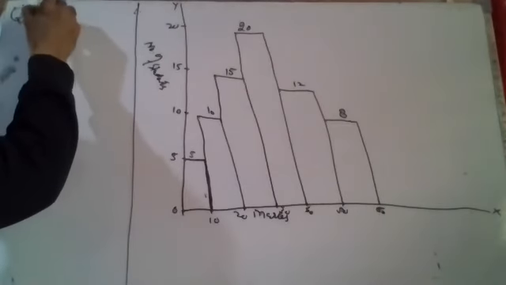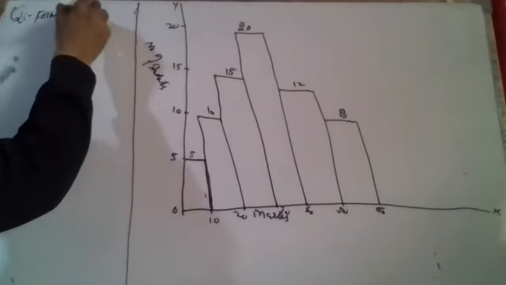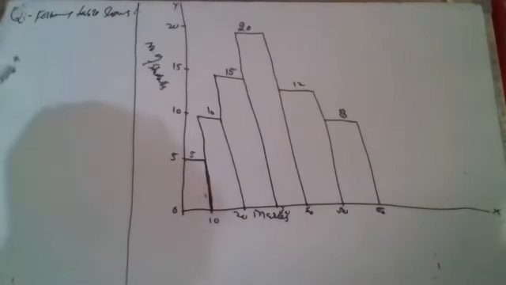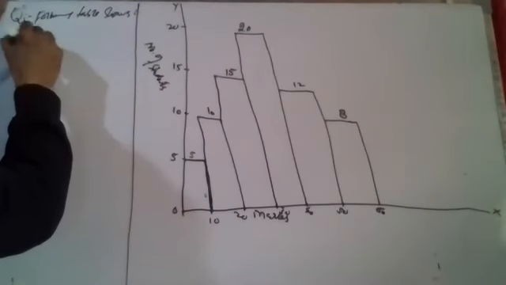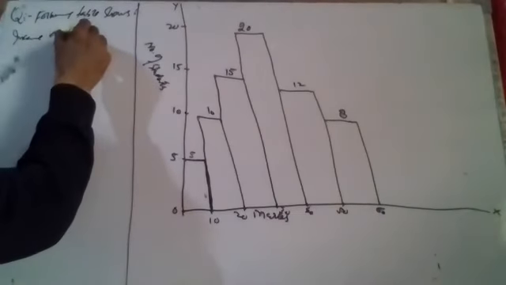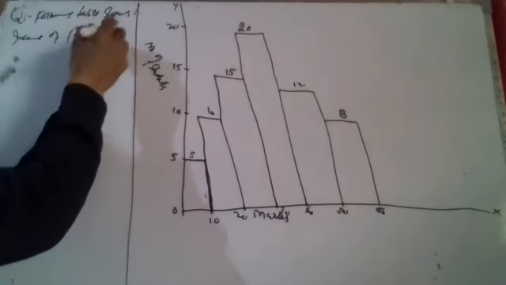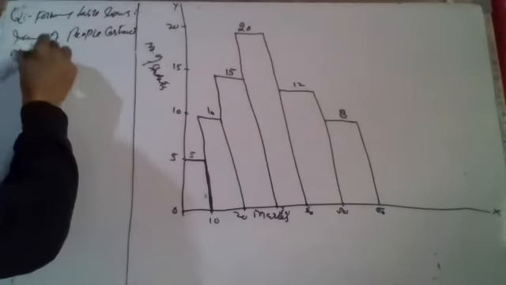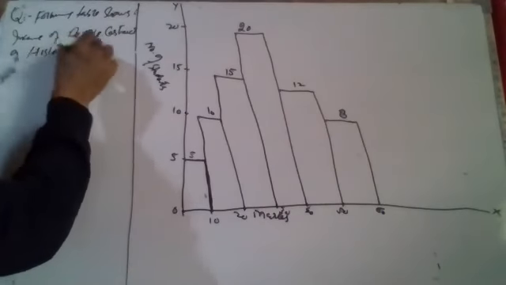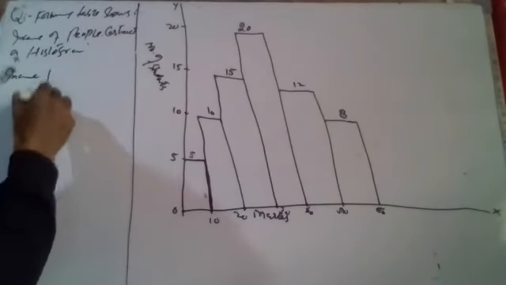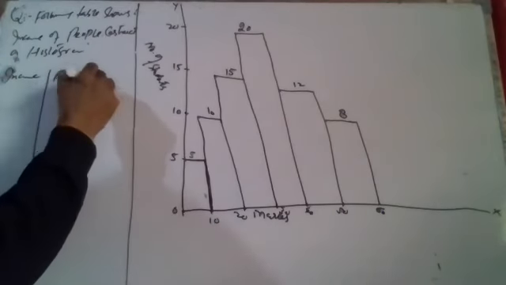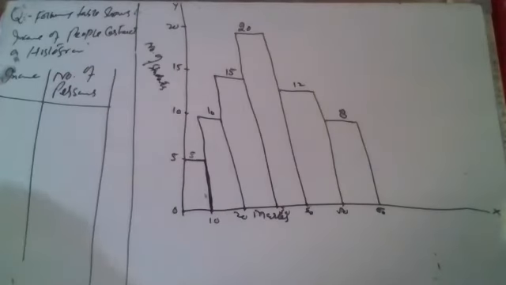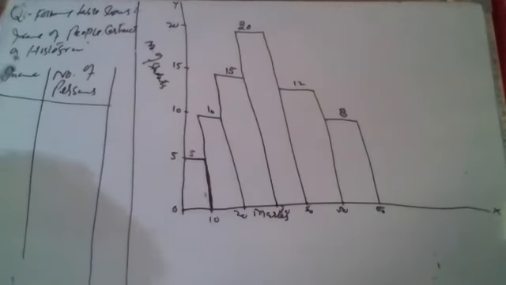The following table shows income of people. Construct a histogram. Income and number of persons.